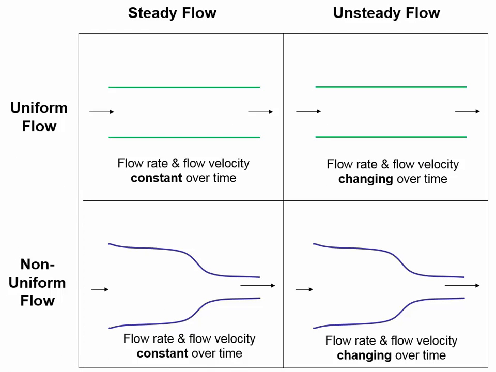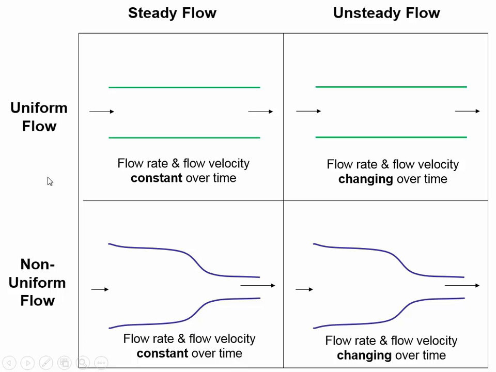So here is a graph that represents that you can have both steady and uniform flow at the same time. That would be this first condition here, steady, uniform flow. And so that means that the velocity is constant both with respect to position and time.